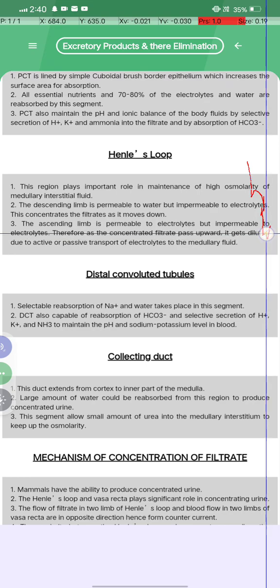Therefore, as the concentrated filtrate passes upward it gets diluted due to the active or passive transport of electrolytes to the medullary fluid.